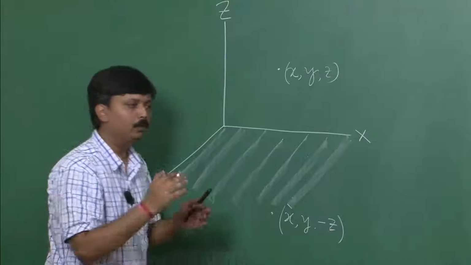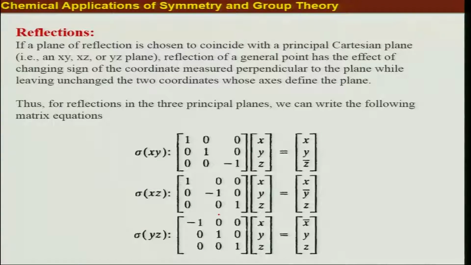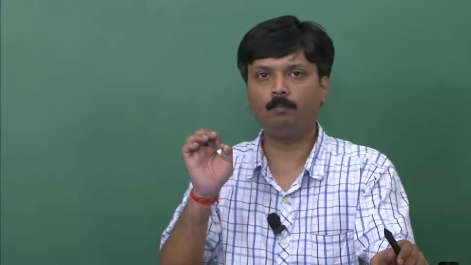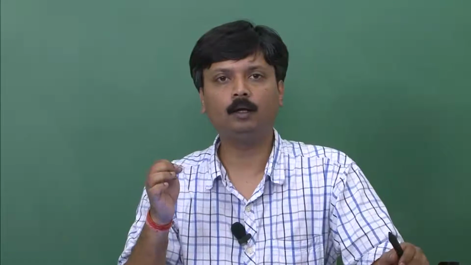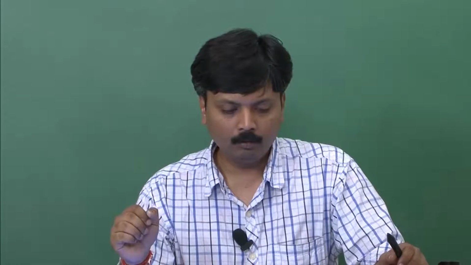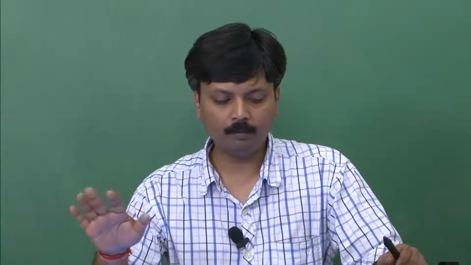Okay, so that's what we wanted to mean, and you can do this if you choose any other planes. So if you choose, say for example, xz or yz plane to be your symmetry reflection plane, you can find the same thing. So one of the coordinates will become negative essentially. Okay, it will change the sign, but the other two will remain unchanged.